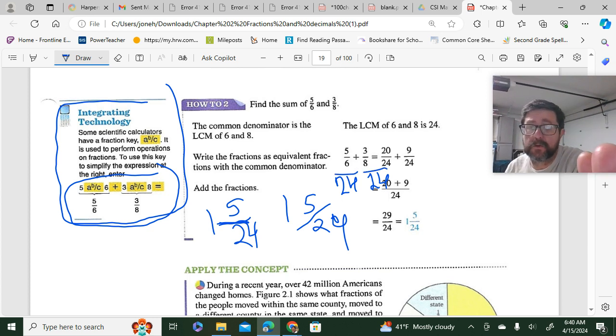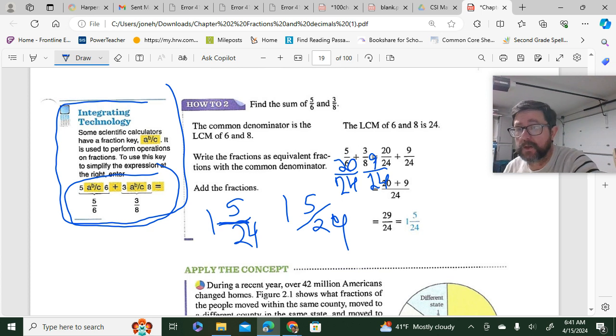Now, what did we do to them to make them go to 24? We had to multiply 6 by 4, so we have to multiply 5 by 4, so it equals 20. We had to take 8 and multiply it by 3 to get it to go to 24. So then we take 3 times 3 and we have 9.